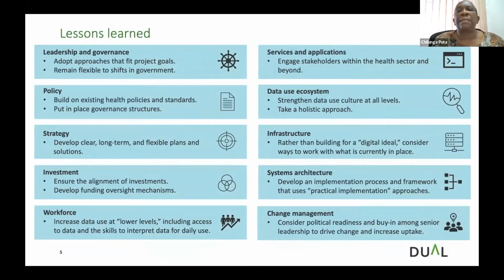So you may ask the question, well, what were the actual lessons that were learned from this analysis by the countries? First of all, in terms of leadership and governance, you need to adopt approaches that fit the project goals, and flexibility must be maintained, including flexibility to shifts in government. And one of the things that we do see on the continent is sometimes rapid change of government.